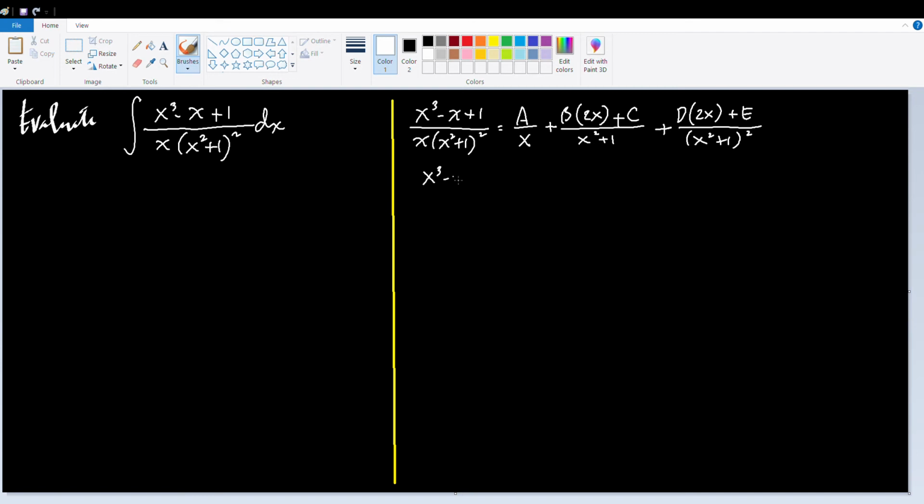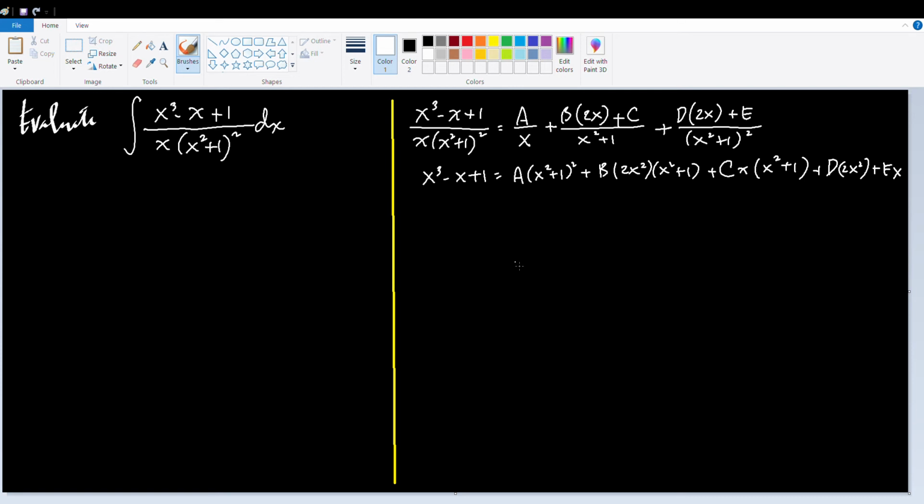So x cubed minus x plus 1 equals, let us combine these 3 and then cancel the denominators. So we'll be getting a times x squared plus 1 squared, plus b times 2x times x, that will be 2x squared times x squared plus 1, plus c times x times x squared plus 1, plus d times 2x, d 2x times x is 2x squared, and then plus e times x.